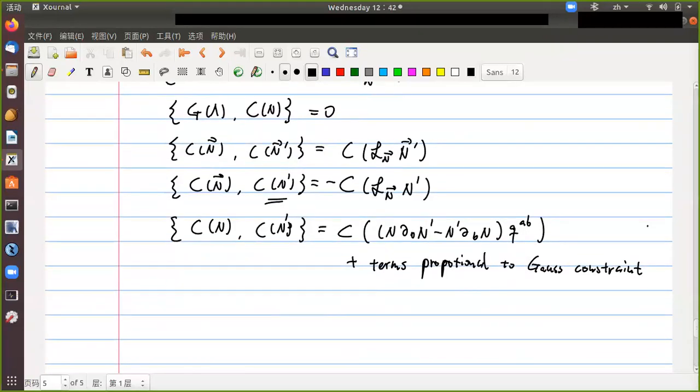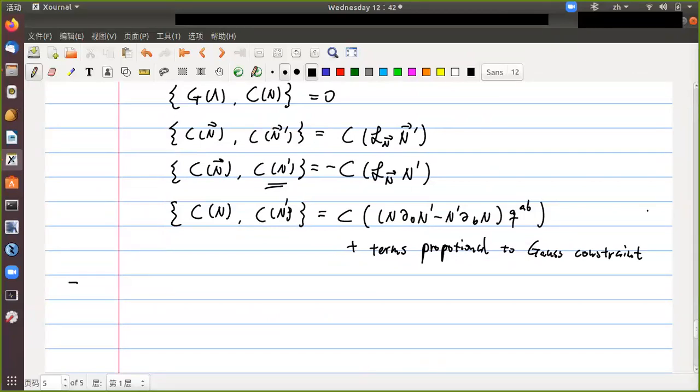So here I give you a conclusion: in terms of Ashtekar variables, our theory, the theory of general relativity, is reformulated as a gauge theory.